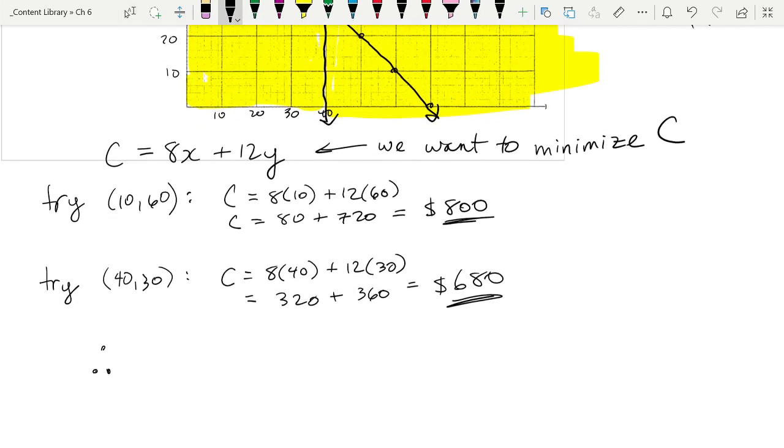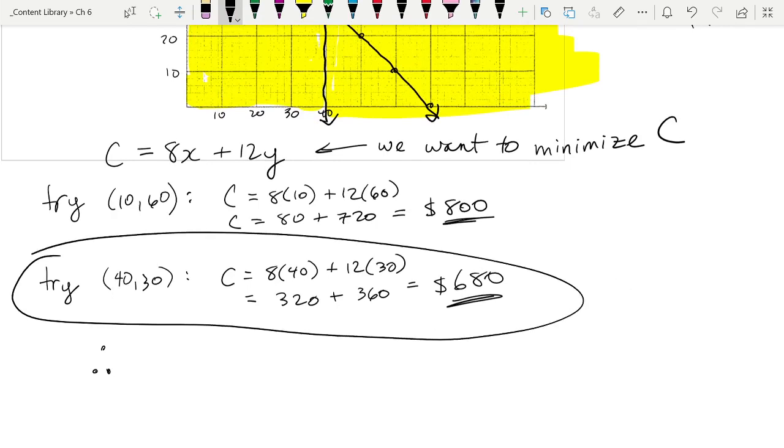Therefore, so that's my winner. Therefore, cost is minimized. 680. That's our winner. Do you get why I didn't have to try the other point? I know it'd be bigger than both of them, just looking at it.